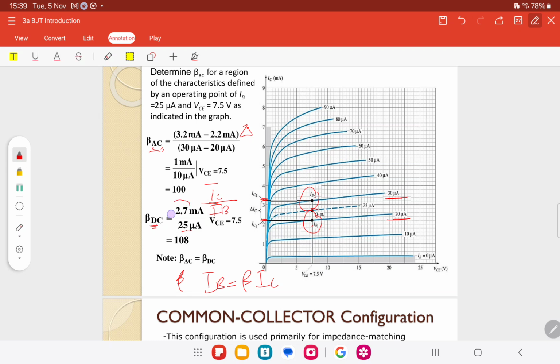So 2.7 is IC, and 25 micro is IB. Sorry, I had it reversed. This one is when we cut at 7.5, so when we cut and take it here, that is why it is written like that, at VCE equals 7.5.